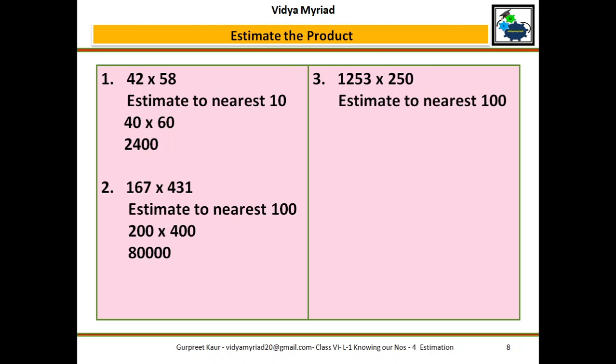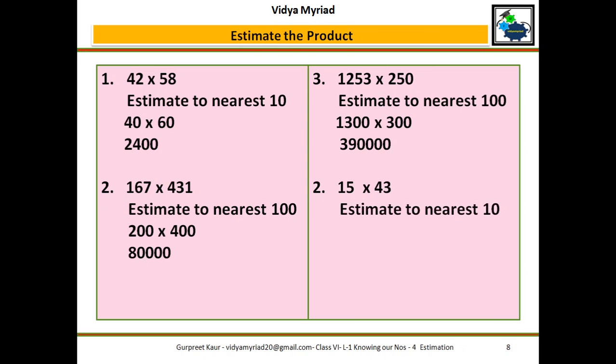Estimate to nearest 100. So 1253 will become 1300 and 250 will become 300. Your answer comes to 3,90,000. And lastly, 15 into 43. To nearest 10, 15 will become 20, 43 will become 40, and answer comes to 800.